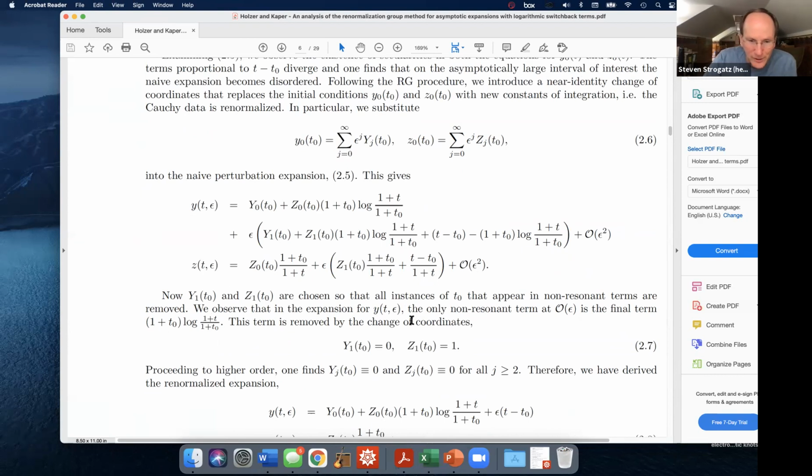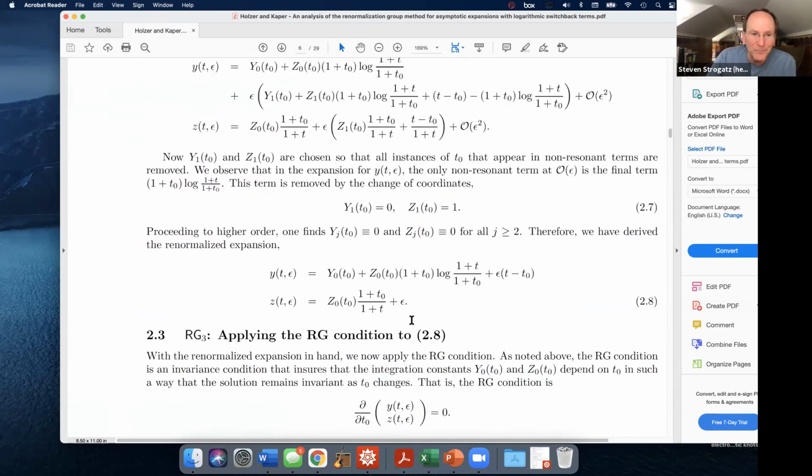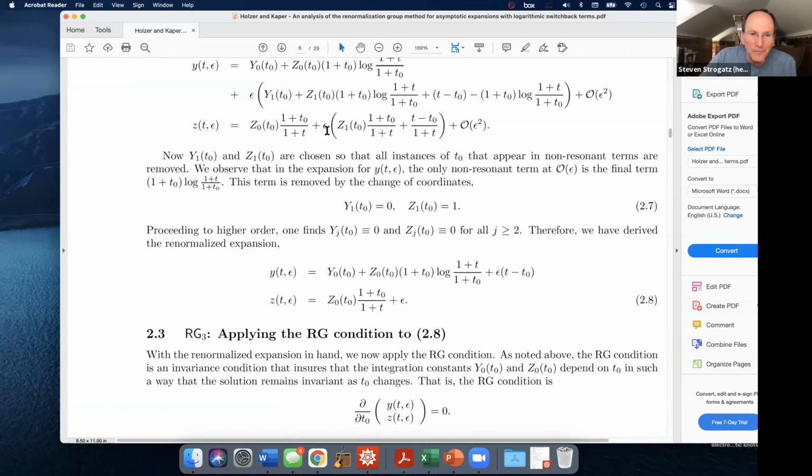I'm sorry, I'm sure this is too fast. Anyway, you'll just have to read it, but they end up getting a nice choice that gives them a new expression here for the y in terms of these new variables, the capital lettered variables.